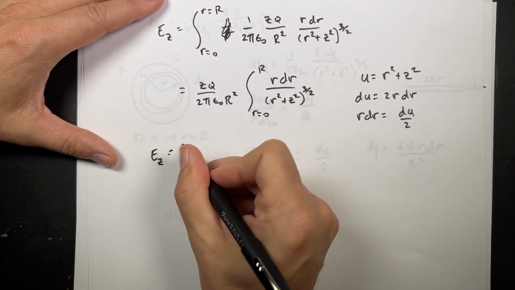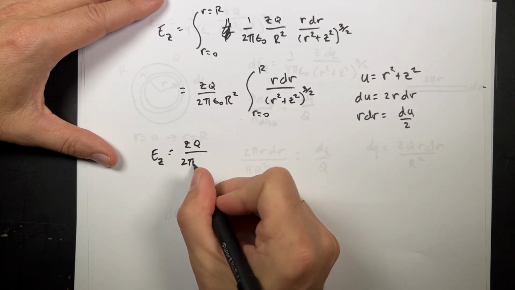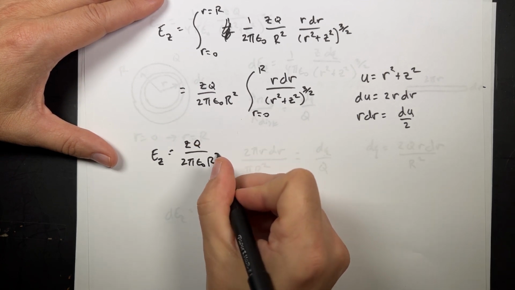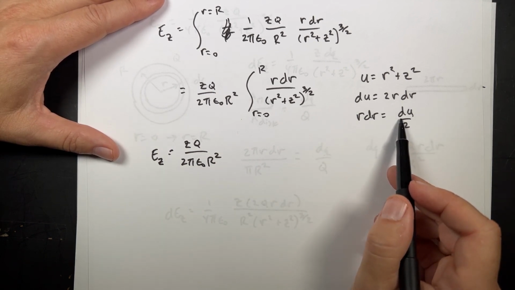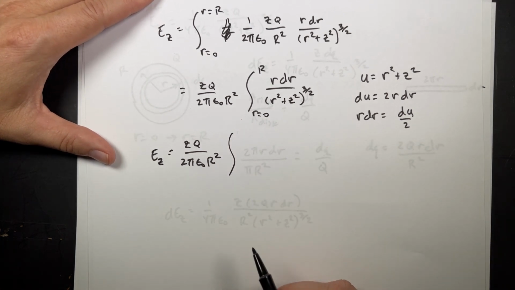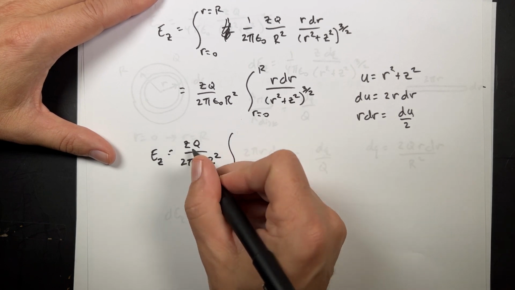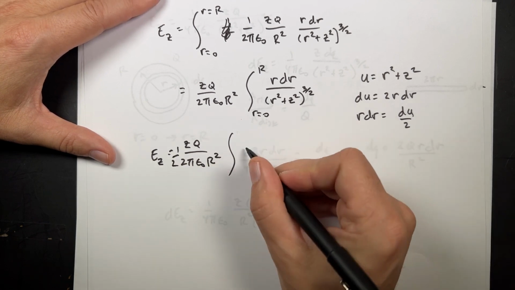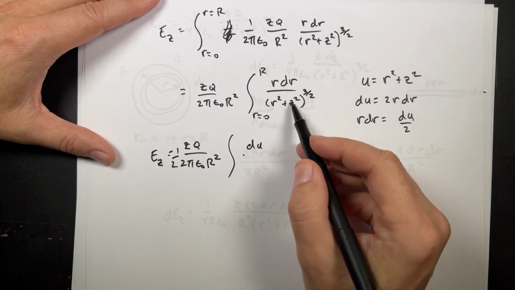Ez equals zq over 2 pi epsilon naught r squared, and then I have this integral. I'm going to leave the integral as is, and we'll switch back to r to evaluate. I'll have another 2 over here, so I'll just put a 1/2, and then I have du, and then u to the 3/2 on the bottom.